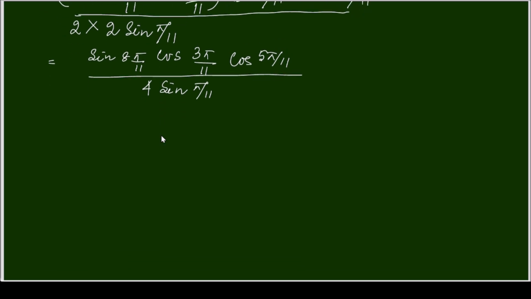In the next step, I'll change this 8π by 11 as sin(π minus 3π by 11), because it makes 8π by 11.